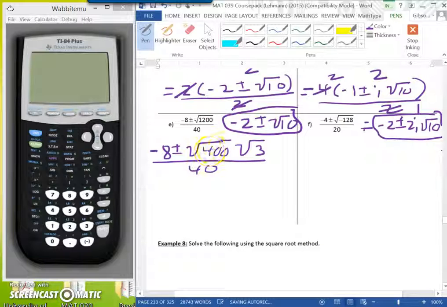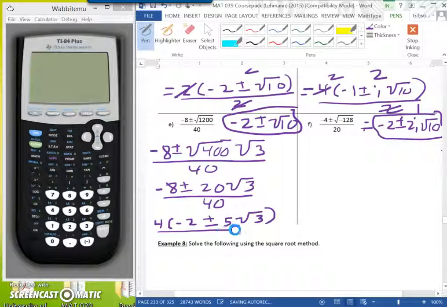The square root of 400 will give us 20. So it'd be negative 8 plus or minus 20 square root 3 all over 40. Now with 8 and 20, they both have 4 in common. So we'll factor out 4. Then that will give us negative 2 plus or minus 5 square root 3 all over 40.